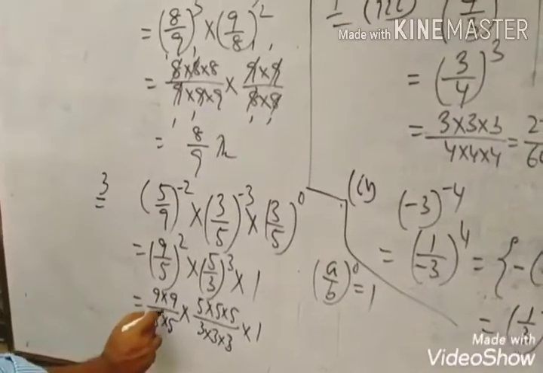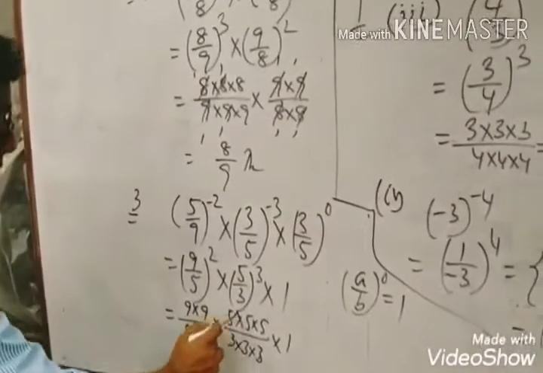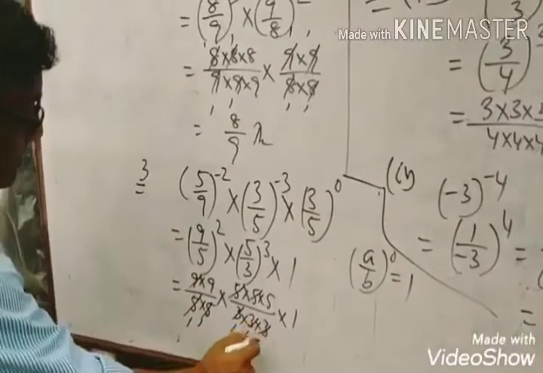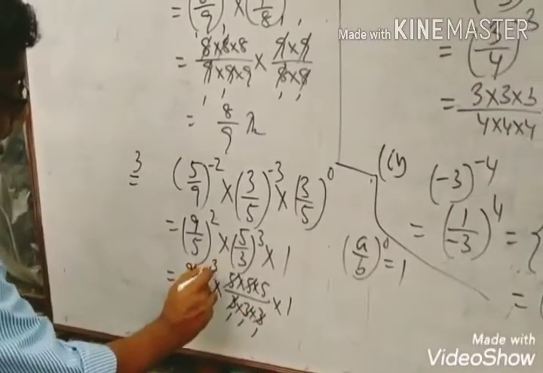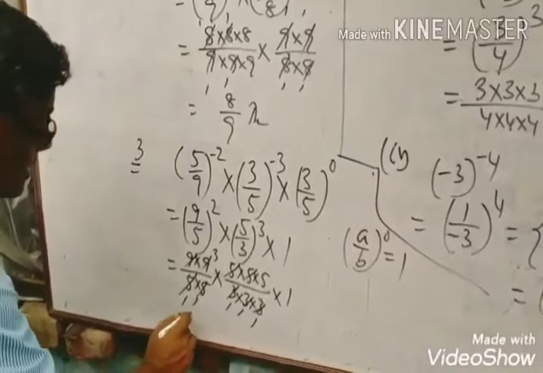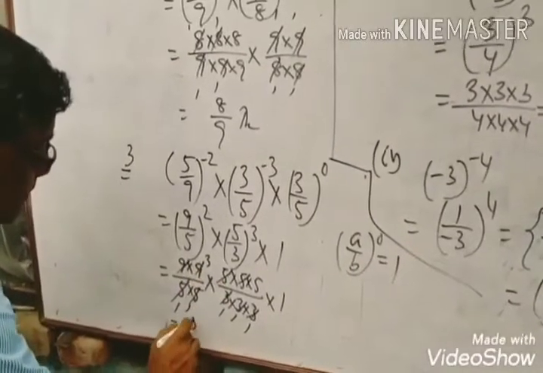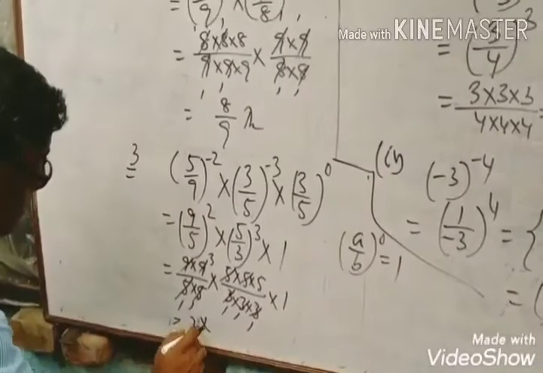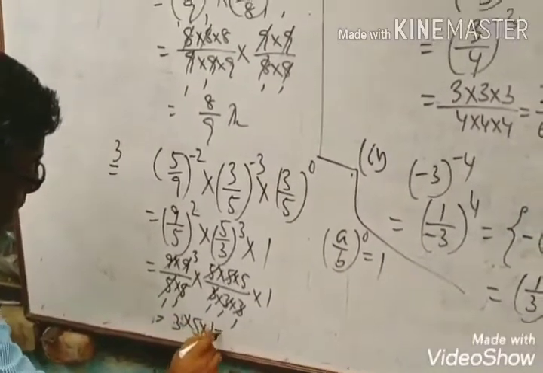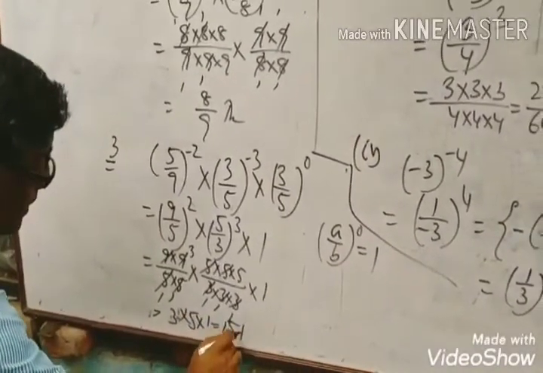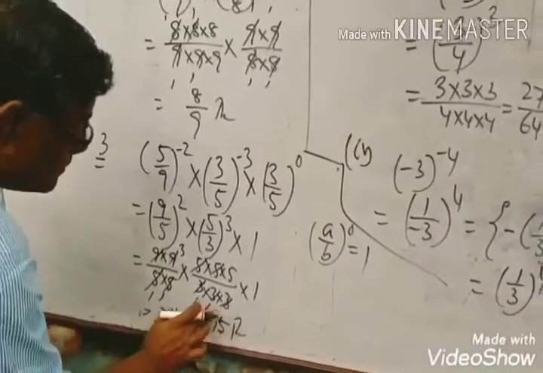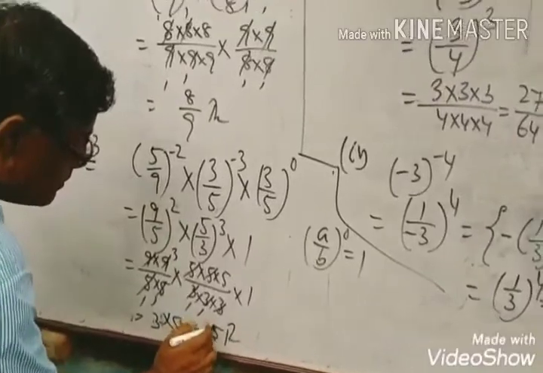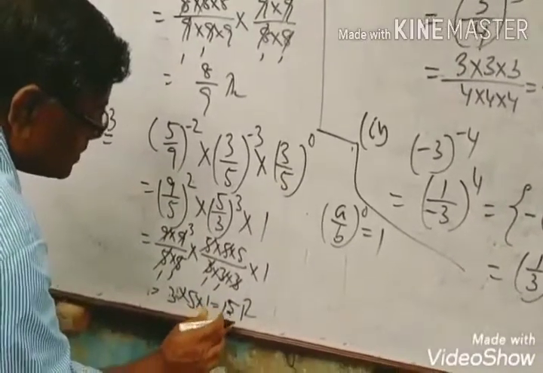Now cancel 5 5. Here 3 3 is 9, 9 cancels. Same, 3 1 is 3, 3 3 is 9. That means the result is 3 into 5, 3 into 5 into 1 equals 15. This is the answer. Is it clear?